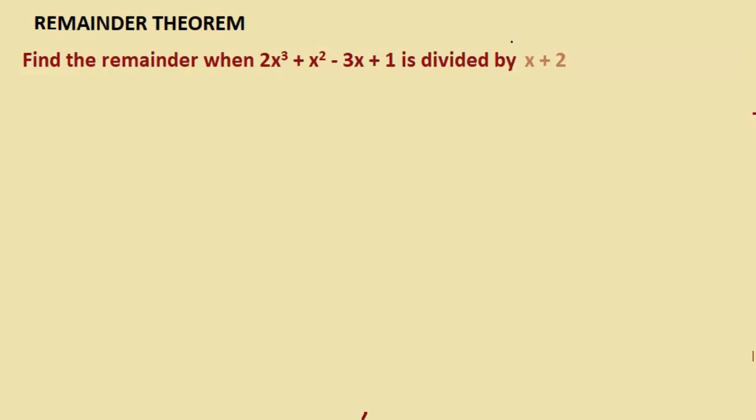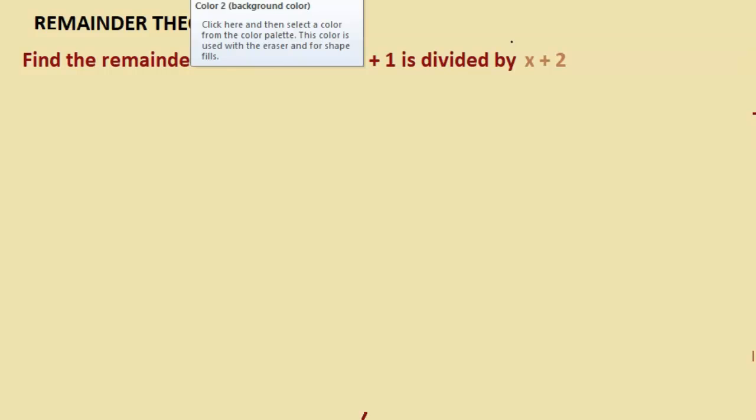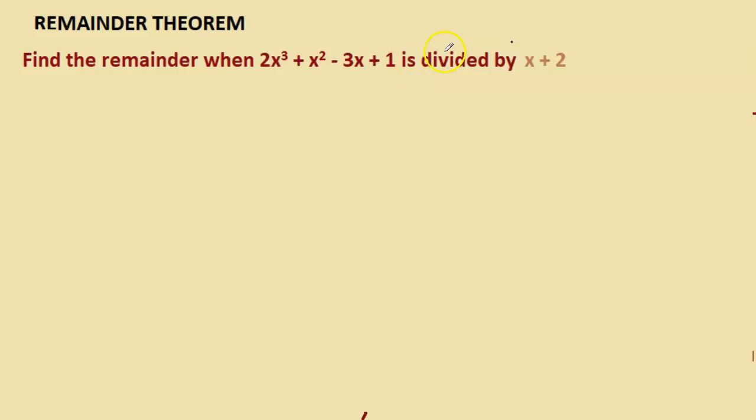So we have another problem here. Find the remainder when 2x cubed plus x squared minus 3x plus 1 is divided by x plus 2. So be careful now. Remember, when dividing by x minus a, the remainder is f of a. So when it's x plus a, it's f of minus a.